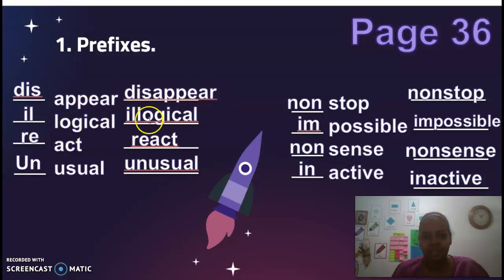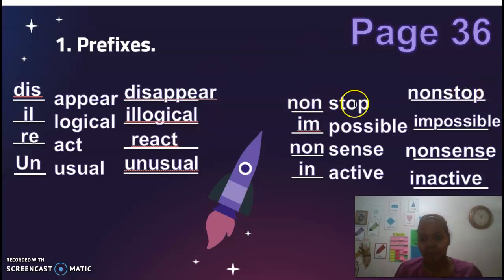Then ill, and we're going to have illogical. We have here other words and other prefixes, and we have prefixes that tell us that the words become negative. For example, non. Non indicates that the word is going to be in negative form, because if we add non to the word stop, we are going to have non-stop.